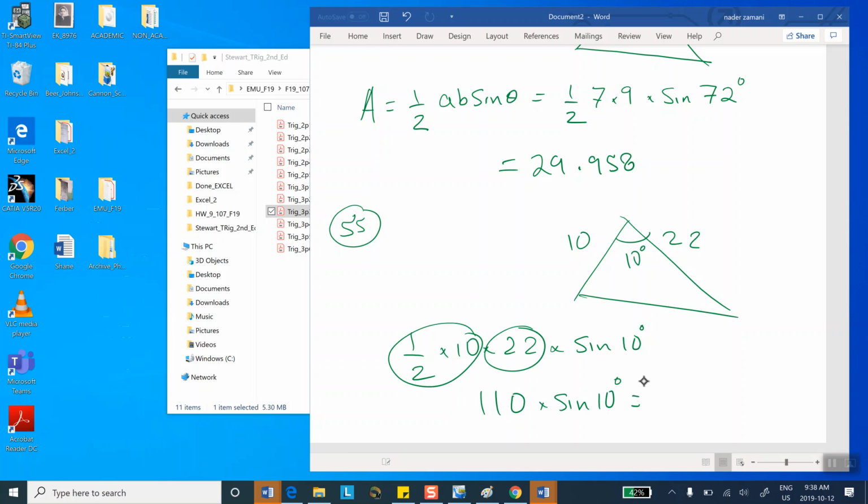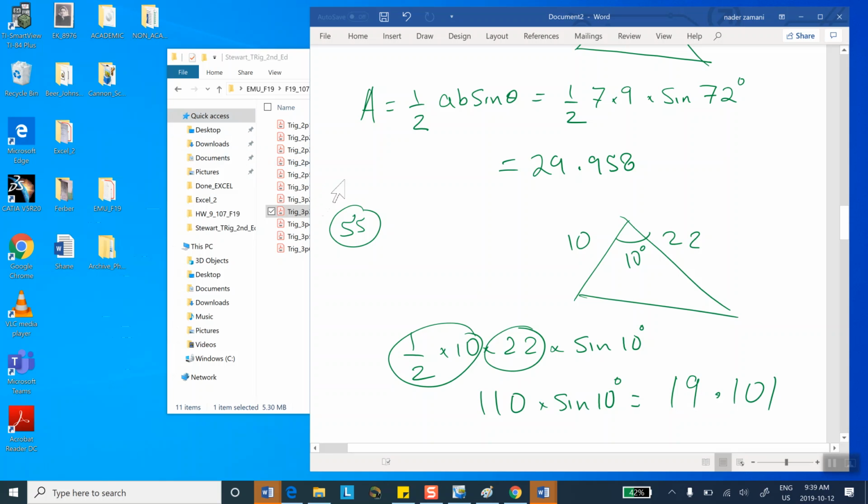Now I'm going to use my physical calculator, which is on my phone, by the way. Here the mode is already on degrees, good. So it's going to be 110 times sine of 10 degrees, and the answer that I'm getting is 19.101, rounded to the third decimal point.